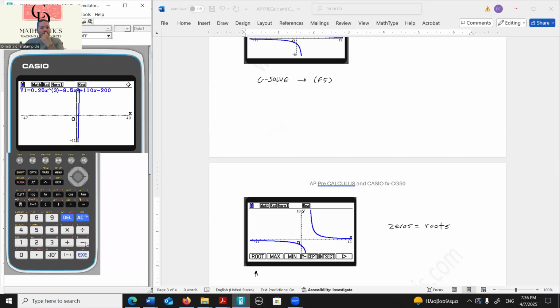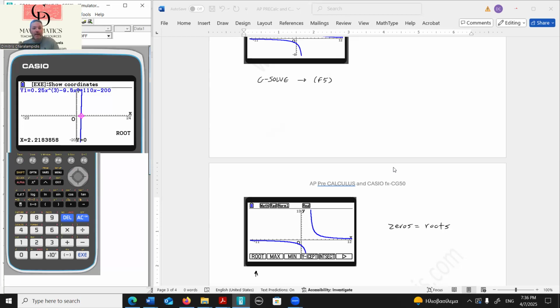If I zoom out, you see that it's lost. And it seems that there is such a curve. Okay, things are getting out of hand. But anyways, I just needed to find the x-intercept. So G-Solve, root, and it does calculate that. To be sure, I move the cursor to the left and to the right so that I can check if it can identify any extra zeros. It doesn't, so this is my only option.